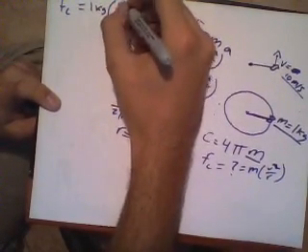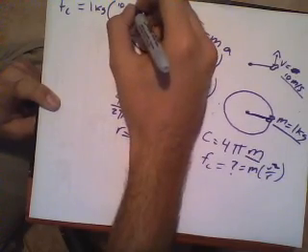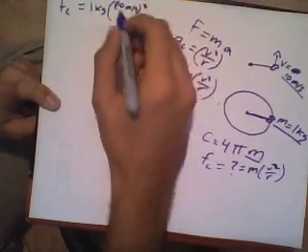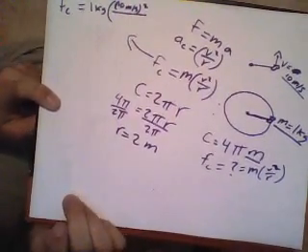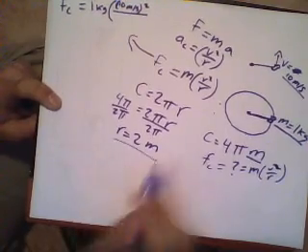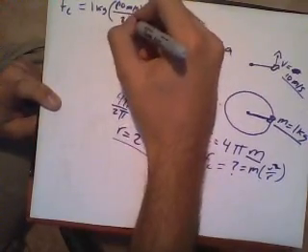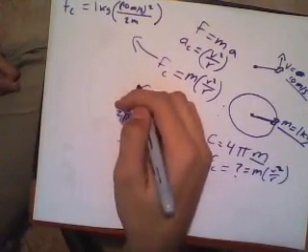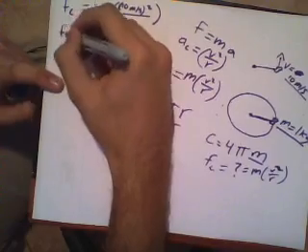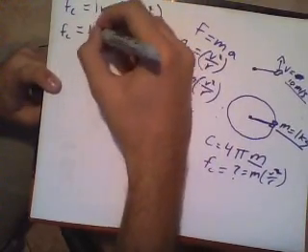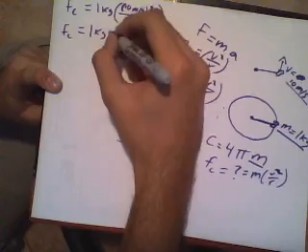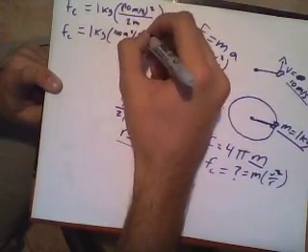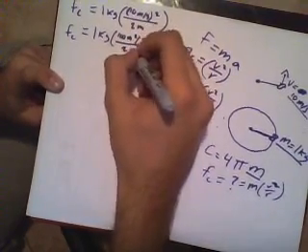That's going to be 10 meters per second squared, over the radius, which we just determined, 2 meters. So let's simplify. Fc equals 1 kilogram times 100 meters squared per seconds squared over 2 meters.